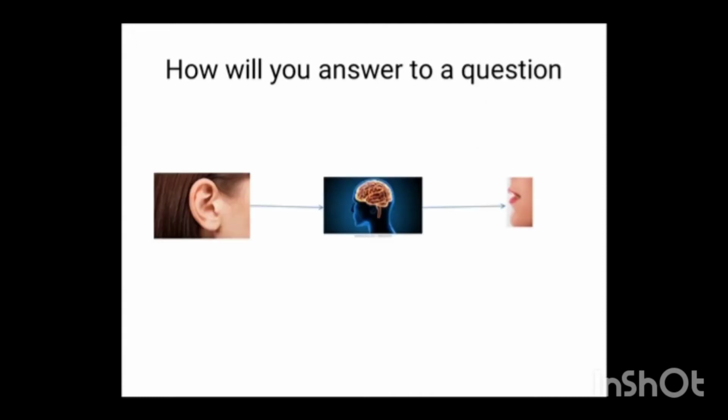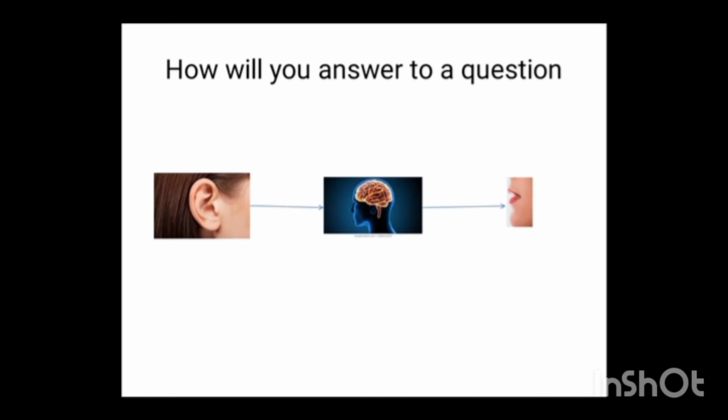Okay, now let us discuss how the computer works. With an example, we can explain this. When a teacher asks a question to a student, the student will hear the question through his ears and his brain starts thinking what to give as answer, isn't it?